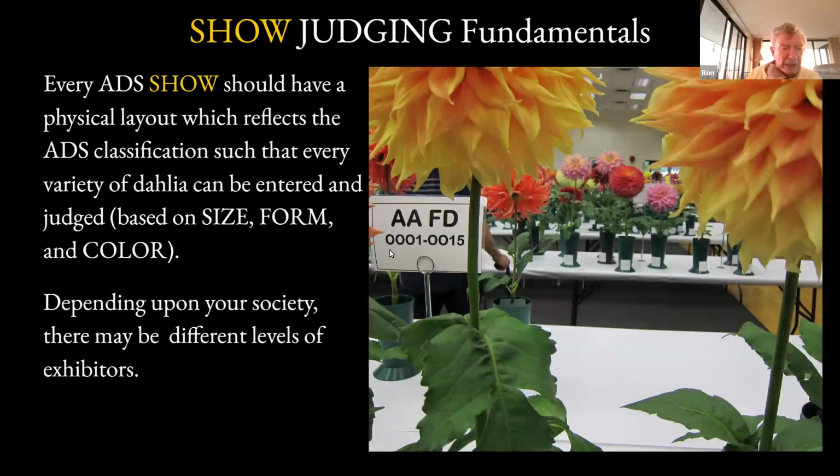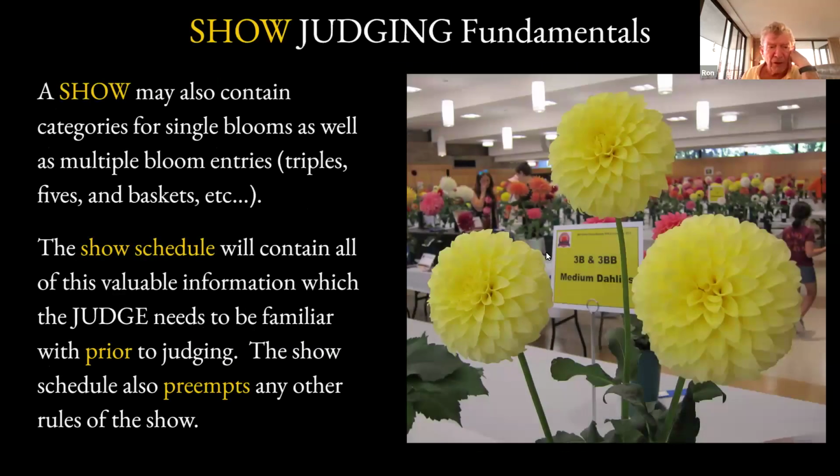Let's see, every ADS show needs to include everything, and they need to be arranged in such a way that it's pretty easy for the exhibitors to find their class. There are also maybe different levels, in other words, a junior class or an open class, or those entries.